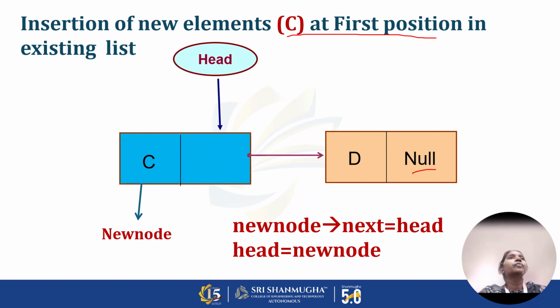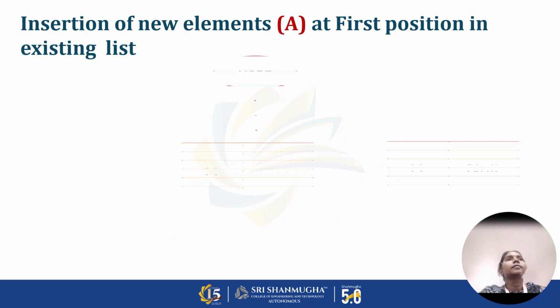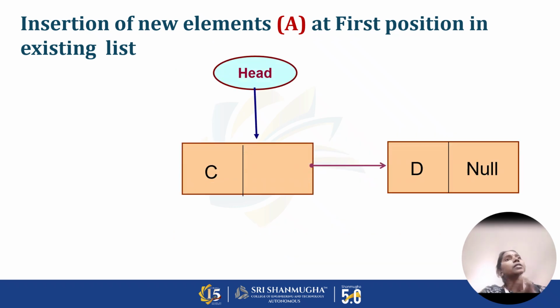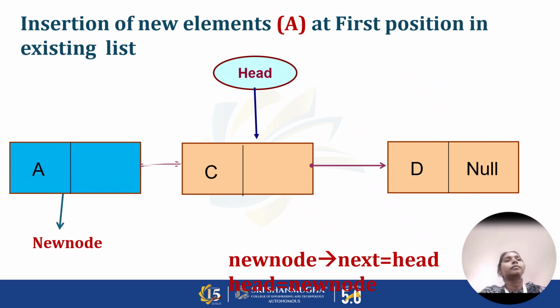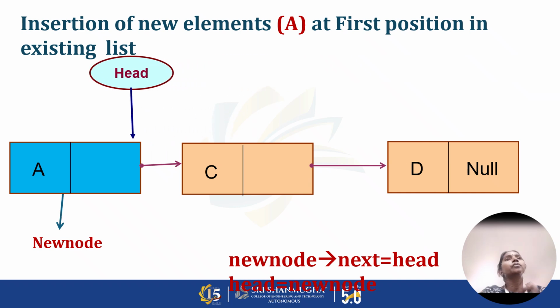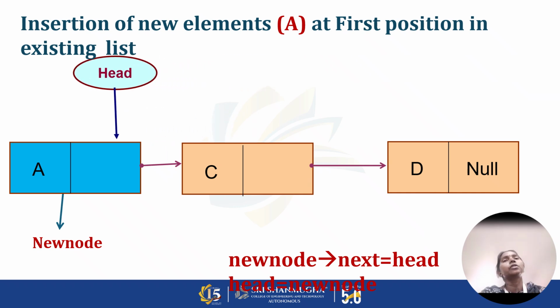Because we are specifying C at the first position, C is automatically allocated as the head. If A is then inserted at the first position, the head switches to A. Whichever node is at the first position automatically acts as the head.